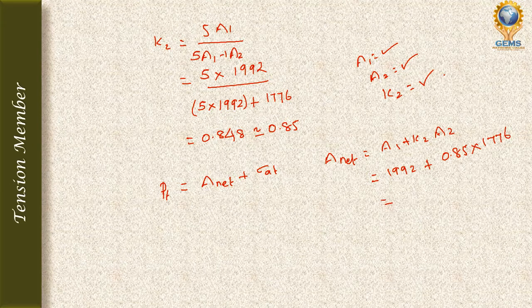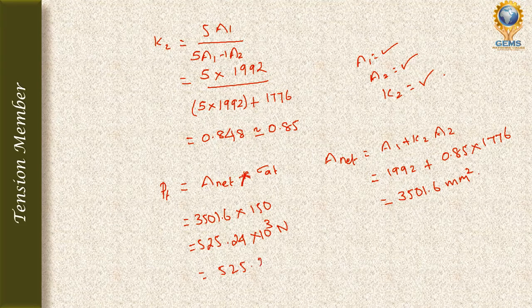So the area net is equal to 3501.6 mm square. So if we substitute here 3501.6 into 150, we will get 525.24 into 10 to the power 3 Newton, or 525.24 kilo Newton.